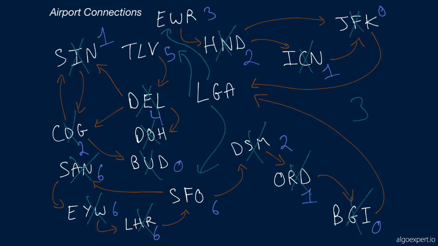And in theory, we could have almost as many unreachable airports as we have airports. So we're probably going to have A log A, where A is the length of the airports list, or N log N, where N is the length of the list of airports.